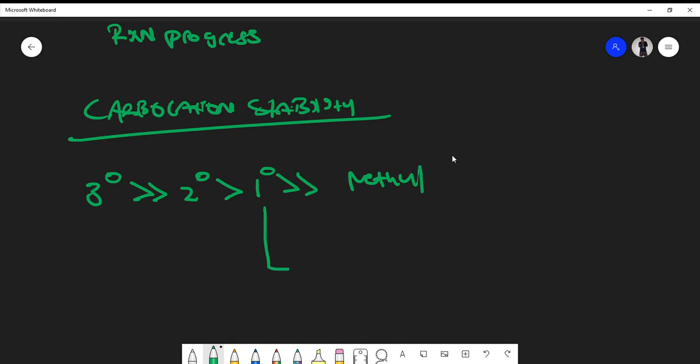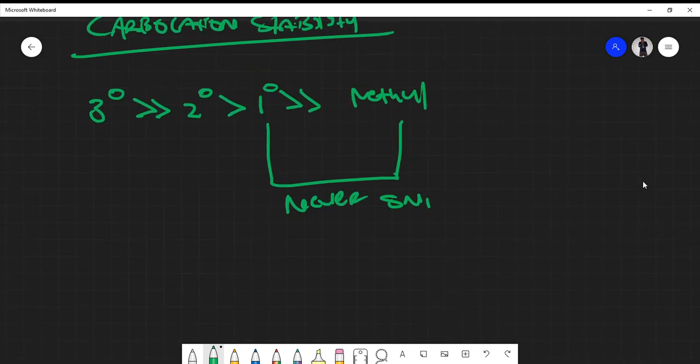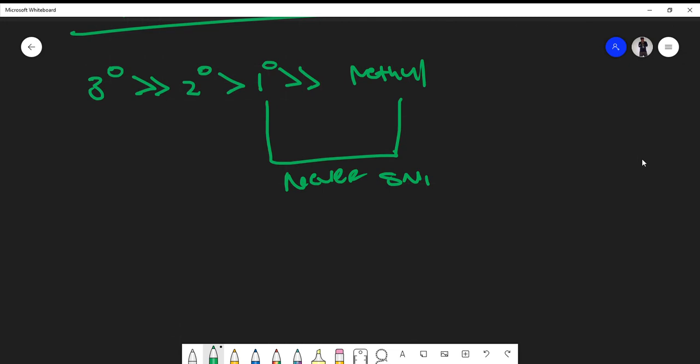Now here's what I want you to take away. Never do SN1 chemistry on a primary or a methyl alkyl halide. Right, so just remember that.